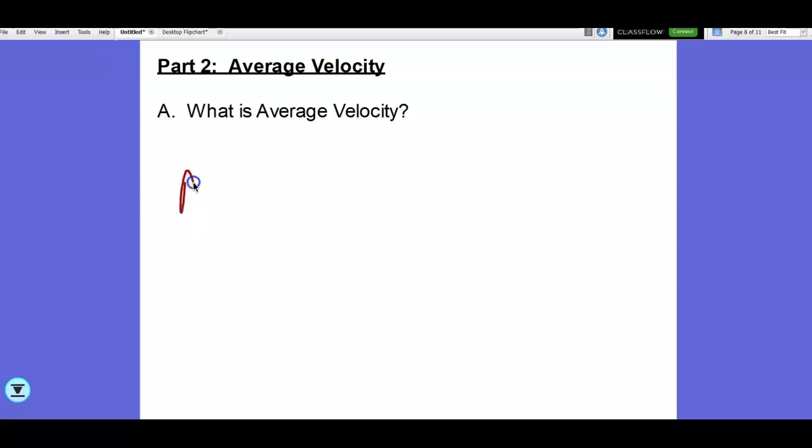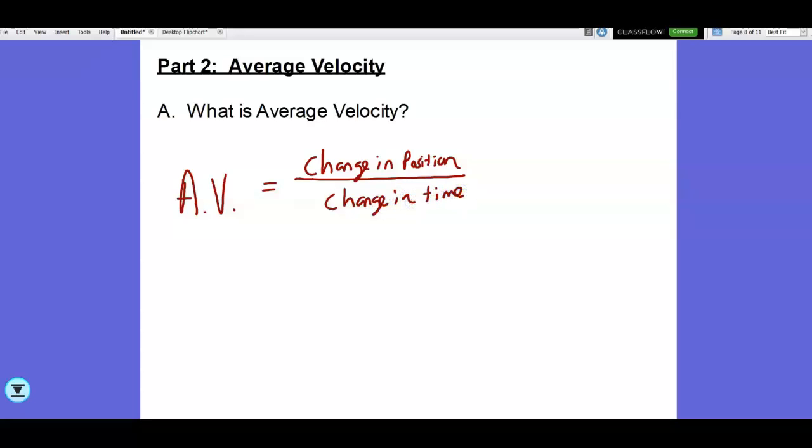Average velocity, I'll abbreviate it like that, is going to be your change in position, in other words, how far your object moved and in what direction, divided by the amount of time that went by. So average velocity is your change in position over your change in time.